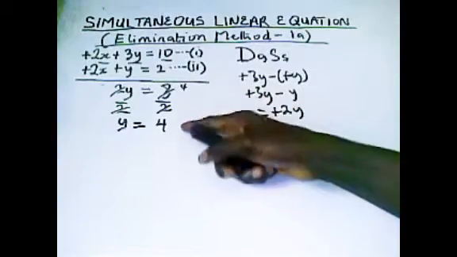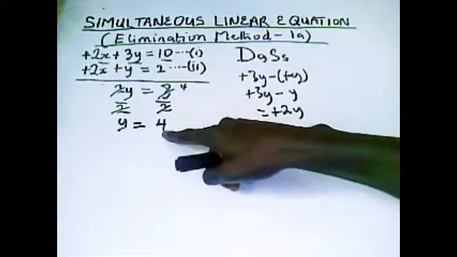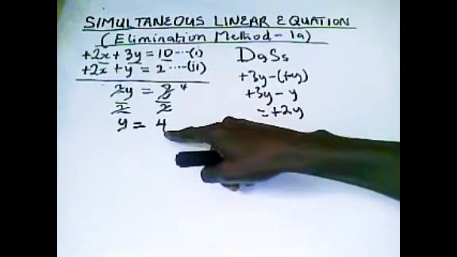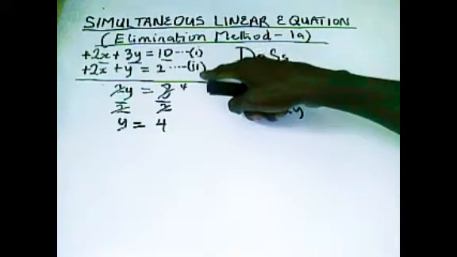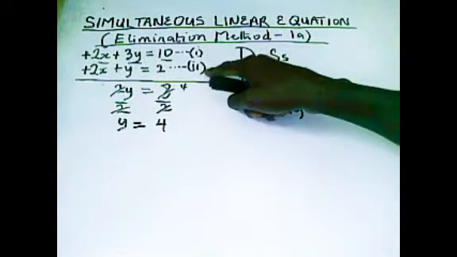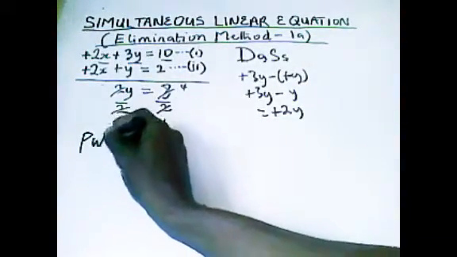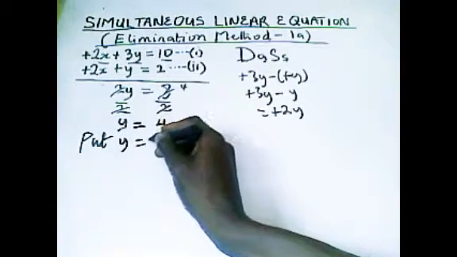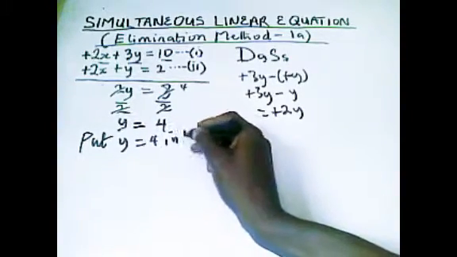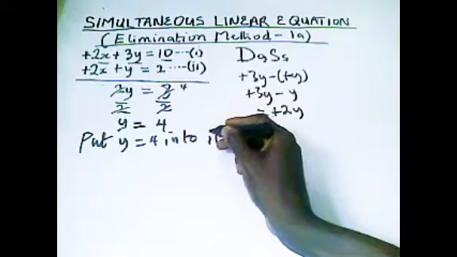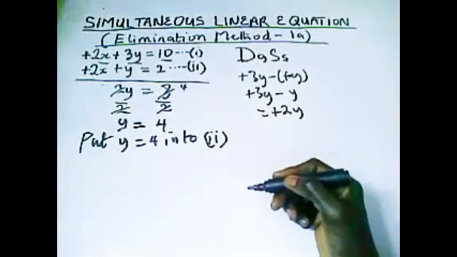Now let's move on to getting our value for x. Now we've gotten y, we have to use y and put it into equation 1 or 2. I think equation 2 will be far better for us to use here because it's quite easier. So we put y equals 4 into equation 2. That's what we are going to write next.